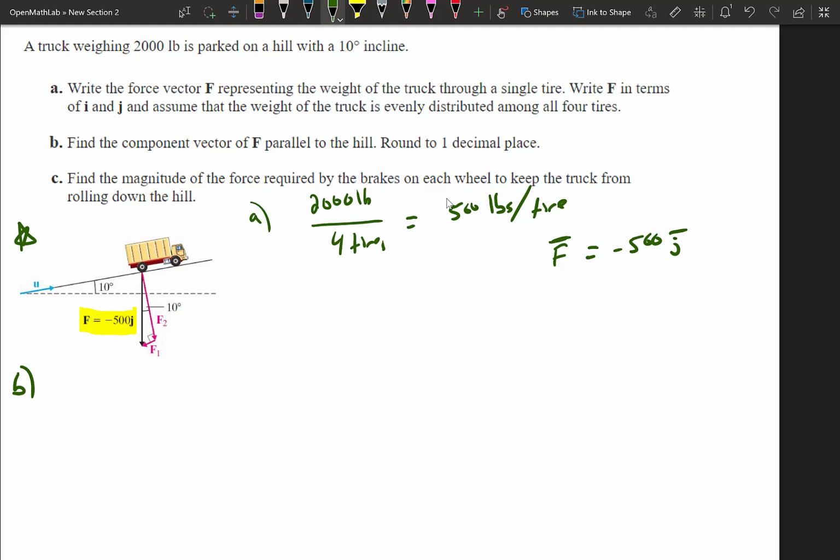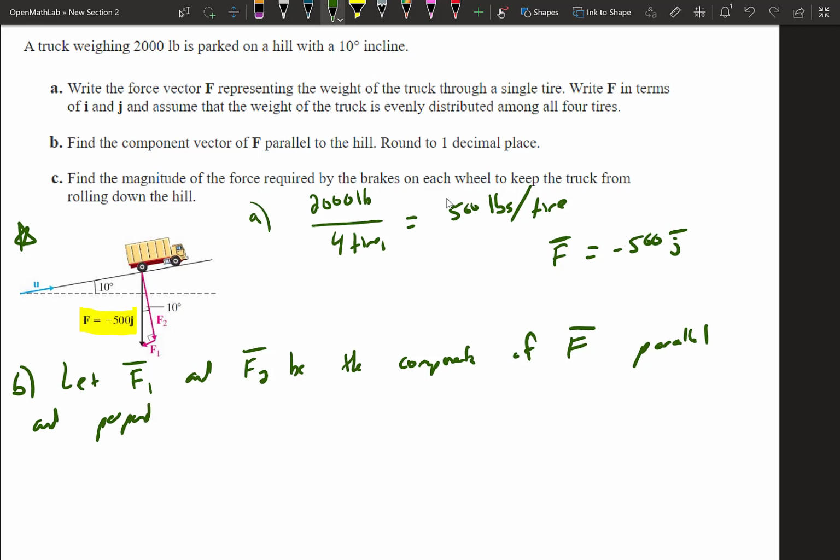Just to make this more clear, let vector f1 and vector f2 be the components of vector f parallel and perpendicular to the hill, respectively.